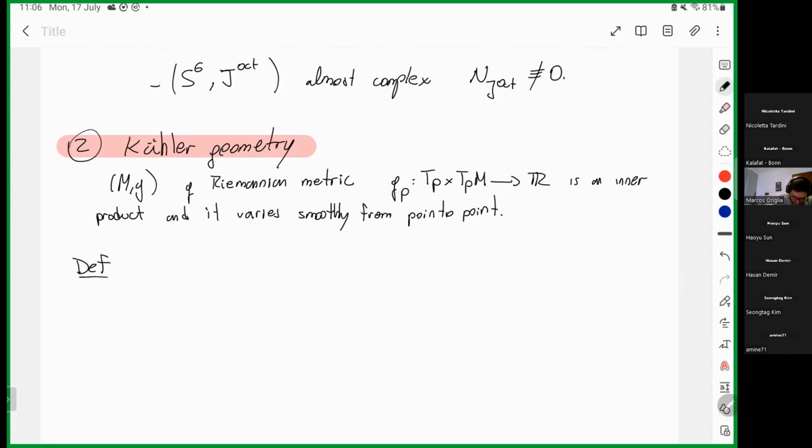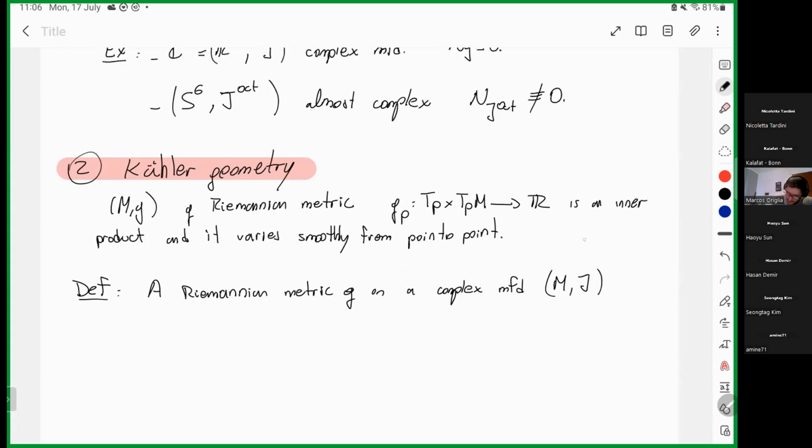So, definition: a Riemannian metric g on a complex manifold M with a complex structure J. Here we are assuming not just almost complex, but integrability as well.